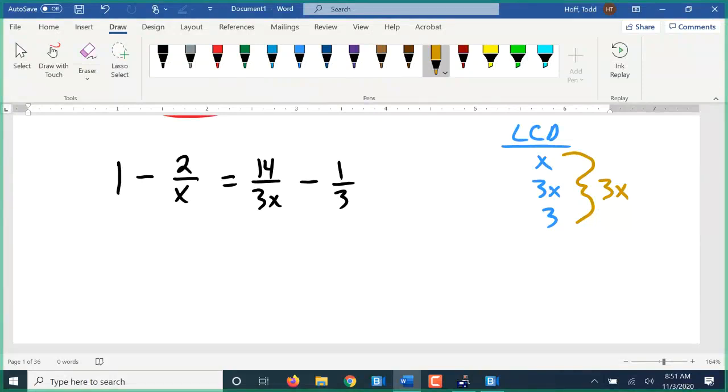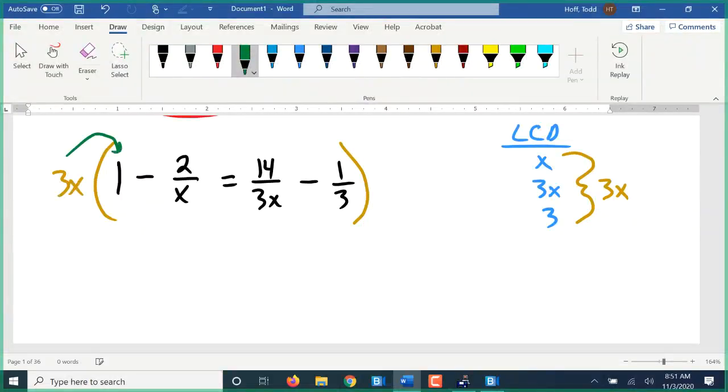Because we cannot solve an equation with the variable in the denominator, in an equation like this, we do have to use that least common denominator to multiply this out and get the variables out of the denominator. So we're going to multiply by 3x.